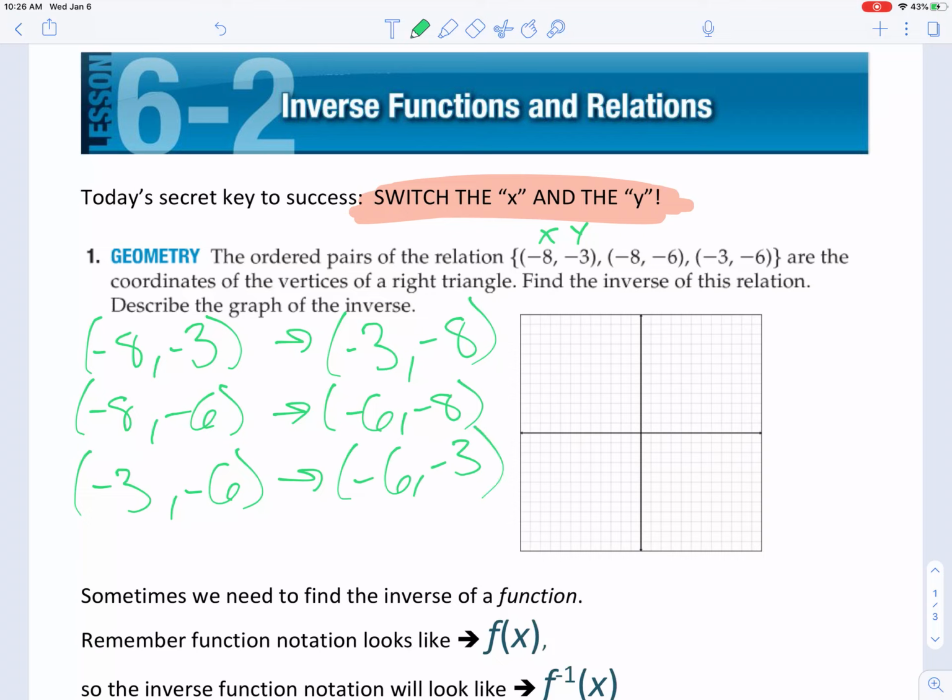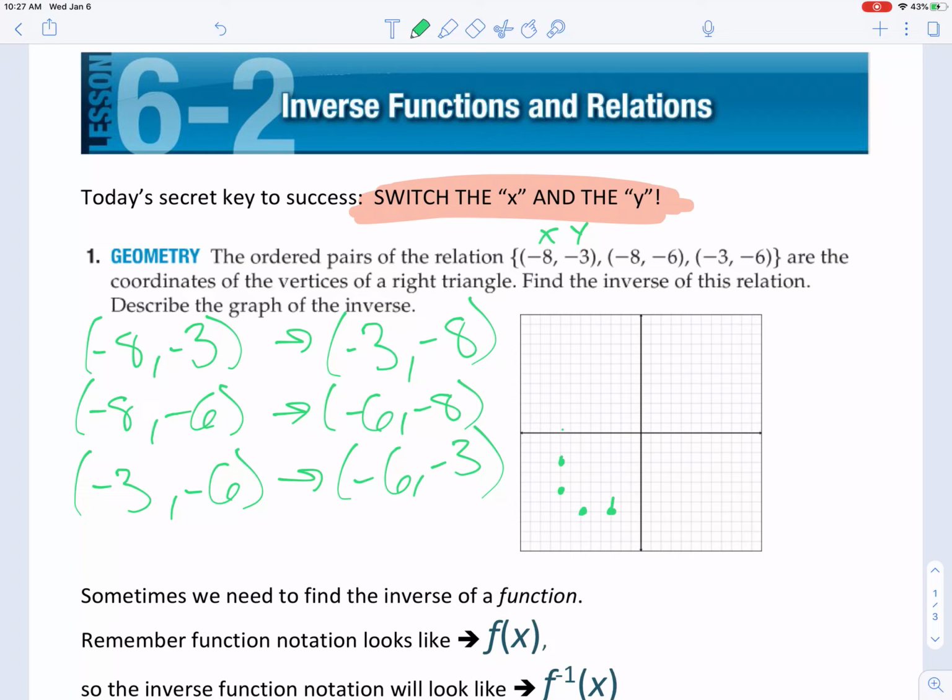And we can go ahead and plot these. -8, 1, 2, 3, 4, 5, 6, 7, 8, and -3. And it's going to become -3, -8, 1, 2, 3, 4, 5, 6, 7, 8. Okay. -8, -6 is going to become -6, -8.